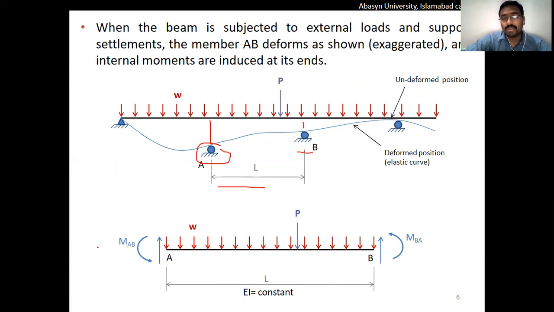The applied load will cause fixed end moments in the member and shear force in the member at both ends A and B. It will cause moments in the member due to applied loading. And we assume that EI is constant, both elasticity and inertia values are kept constant.